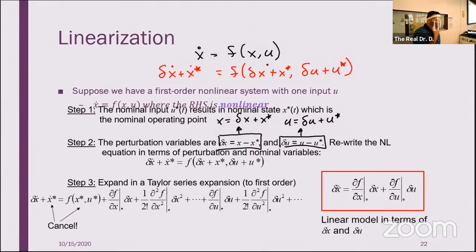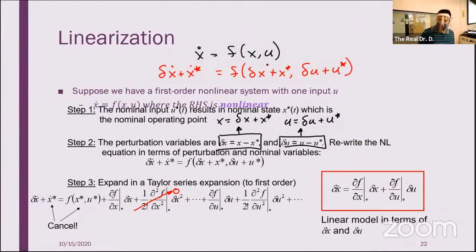So delta x dot plus x dot star is equal to some function of x star and u star plus the partial derivative of my function with respect to x, evaluated at my nominal point, times delta x, plus all of my higher order terms. And we already said these are going to go away. We're not even going to consider these higher order terms.